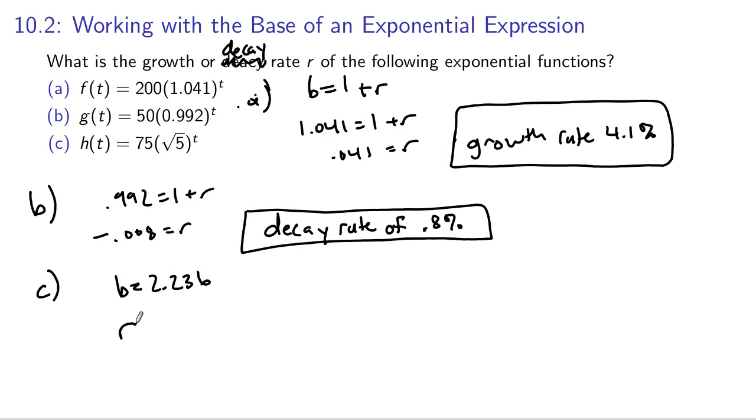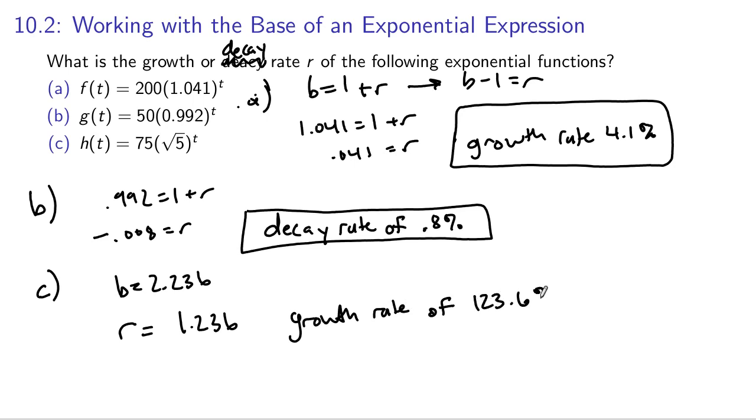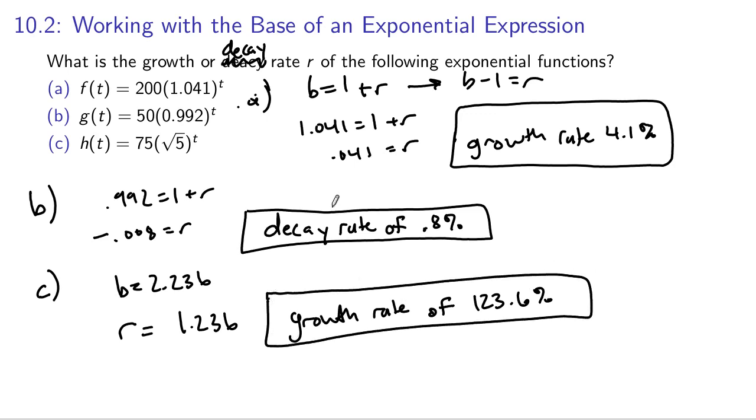So our rate R would be, and we can rewrite this equation, by the way, as B minus 1 is R. So if we just subtract 1 from our B, we get 1.236. Okay, and we can just write, we have a growth rate of 1.236, or we can write it as a percentage, 123.6%. So 100% growth would be doubling, because you'd have 1 plus 1 is 2.